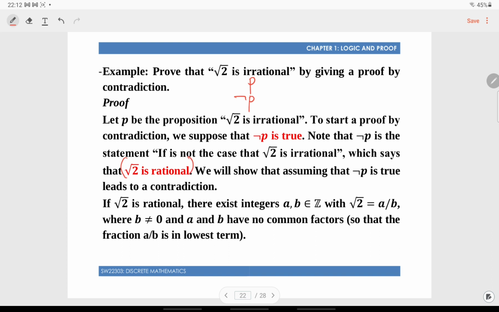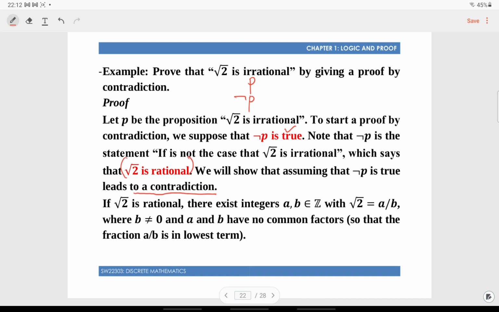So we need to assume that the square root of 2 is rational and this statement is true. That is our assumption. From that, we will show that assuming not P is true leads to a contradiction. That means at the end of our proof, we can come out with a contradiction.